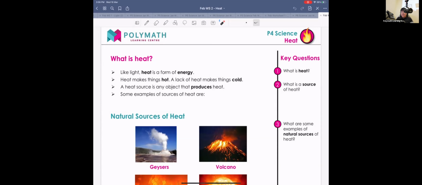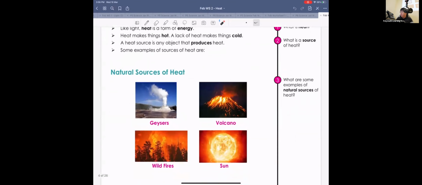A heat source is any object that produces heat. Okay, so the heat source for Earth is mostly the sun. The sun heats up the Earth. Okay, what are other heat sources? It could be geysers, volcanoes, and wildfires. These are natural sources of heat. But increasingly, wildfires have been the cause of humanity.